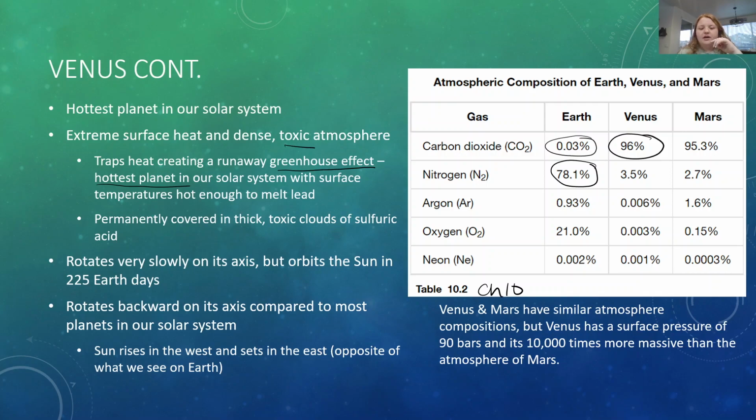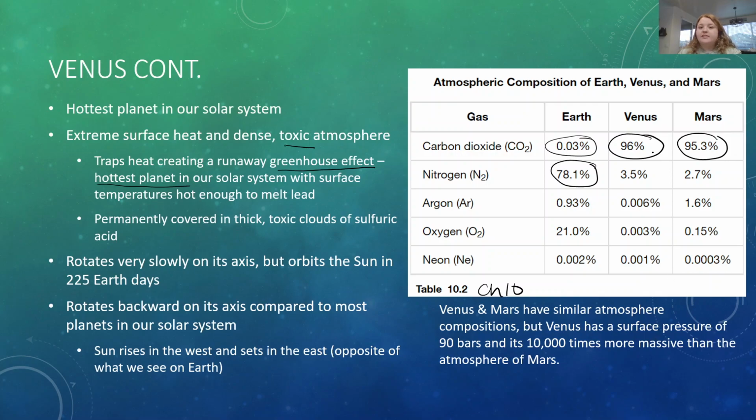Okay. I want to point out a little bit more about the atmospheric composition here when comparing it with Mars. So Mars has a pretty similar atmosphere, but the main difference here is that Venus has a larger surface pressure, and it is more massive than Mars.